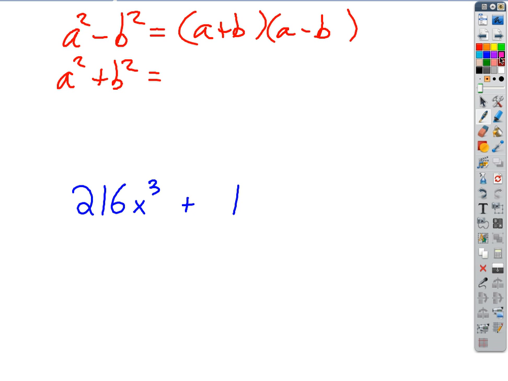It doesn't factor. There is no pattern for a sum of squares. If you have x squared plus something, you're done. It does not factor. So that's sort of good news. In a way. Less work to do, I suppose.